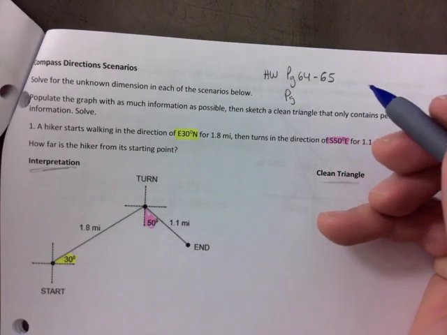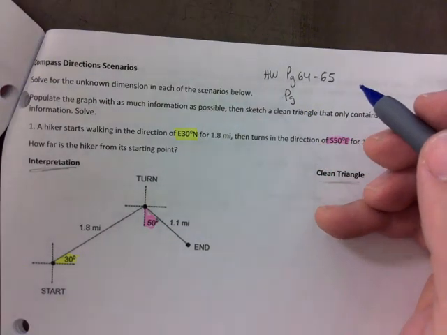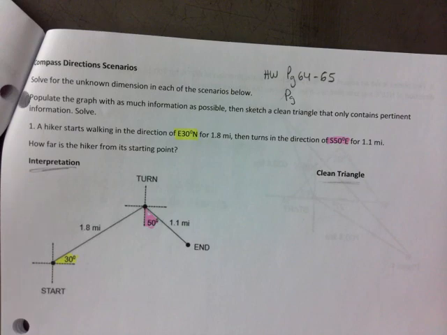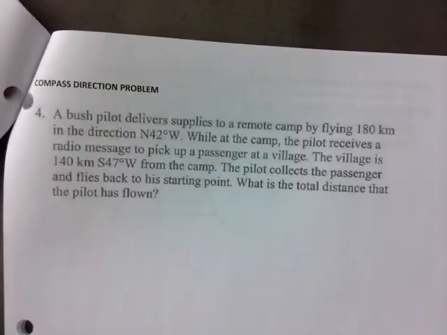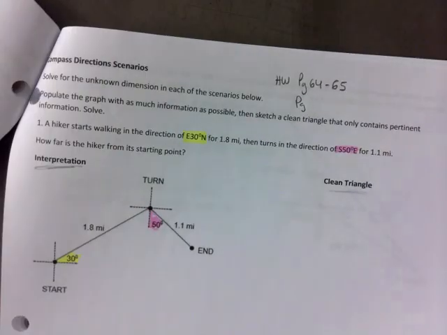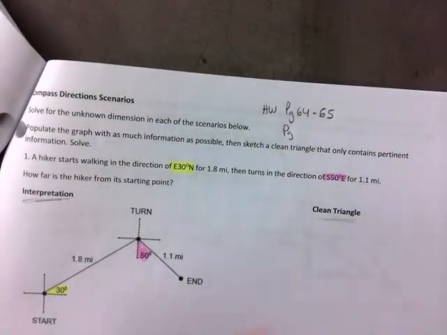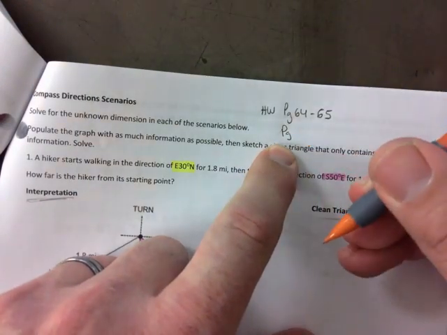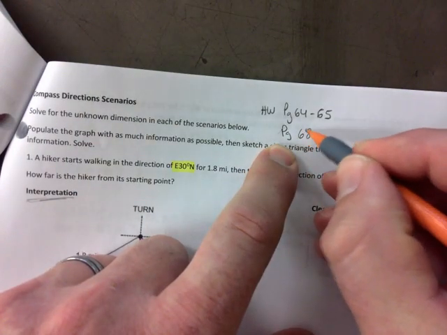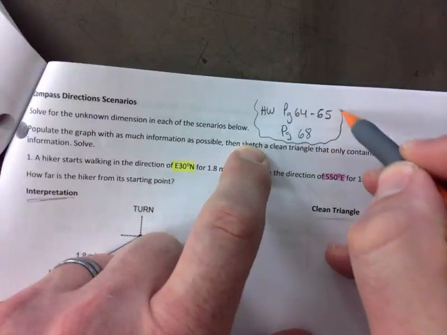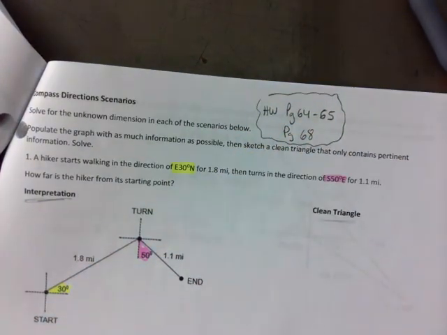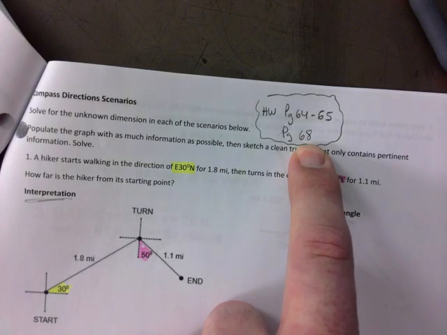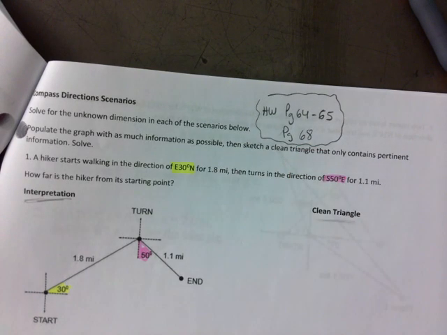Oh wait, my page numbers are off. 64, 65. Page 68. Do at least one that has no help, like no diagram to start, okay? So 64, 65 is what you're doing right now, and then I will probably post a bunch of keys around it. Have a good day, guys.